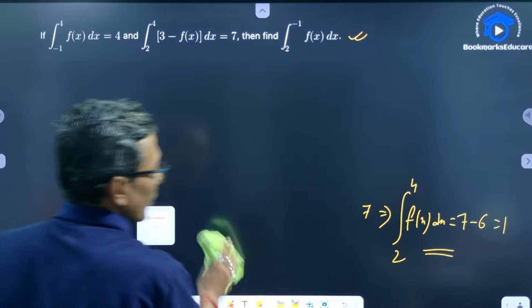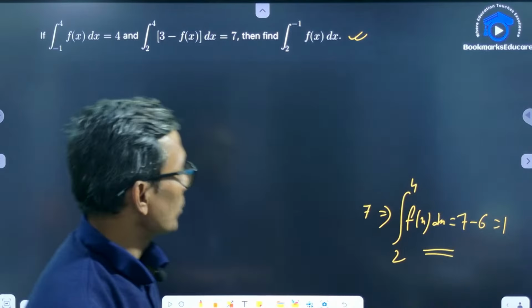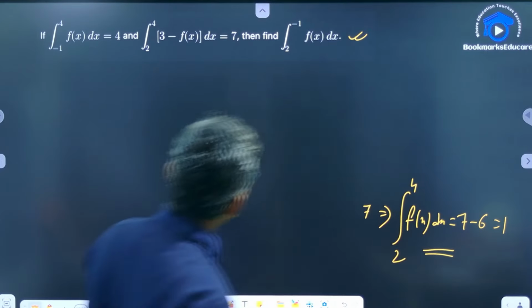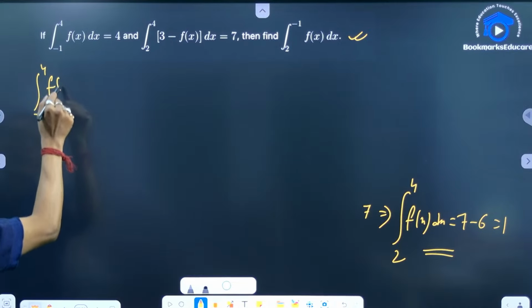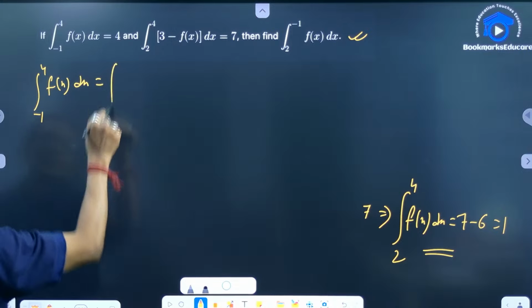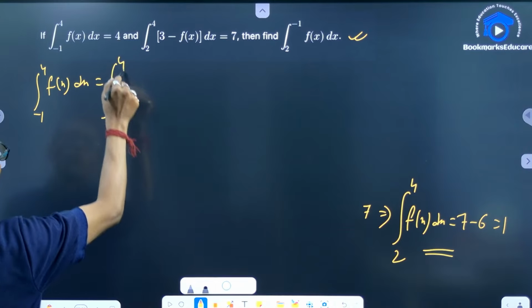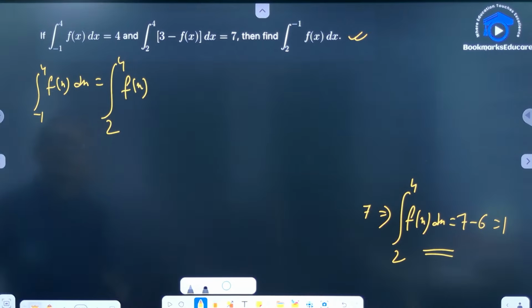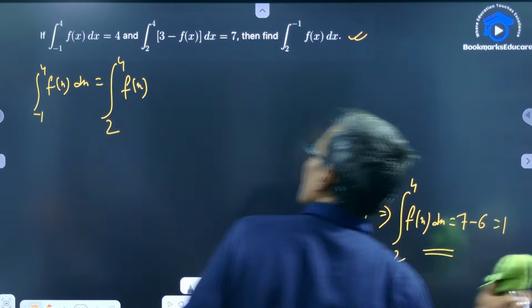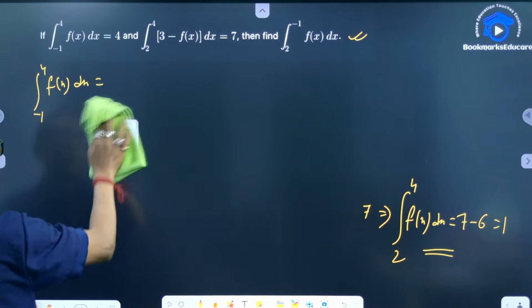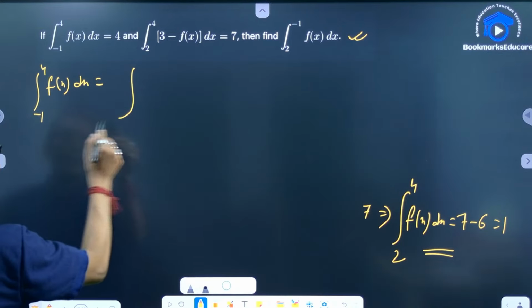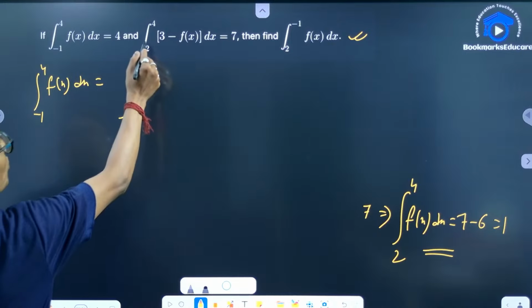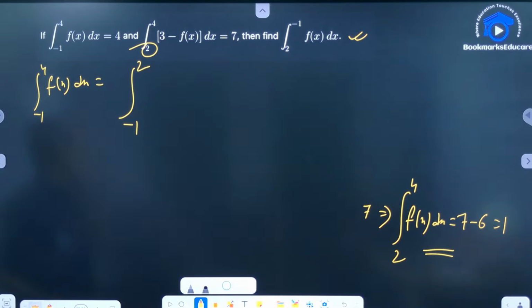Now let's start the sum. First of all, we have found out the value of this portion. Now, minus 1 to 4 f of x dx can be written as minus 1 to 2, since the lower limit is minus 1, I take 2 because 2 lies between minus 1 and 4.